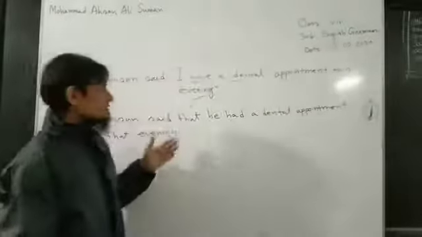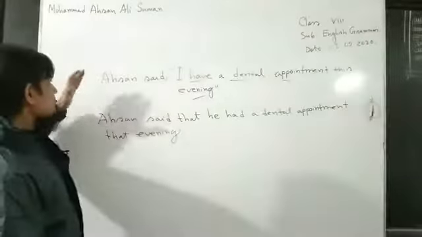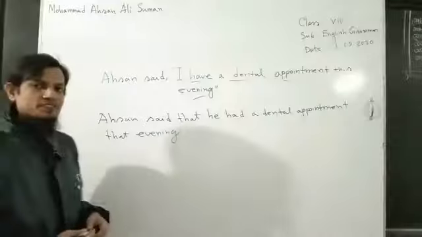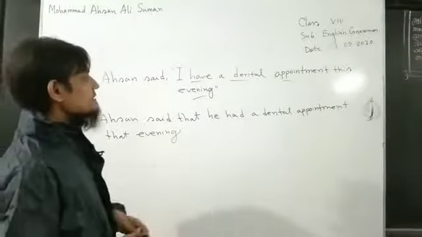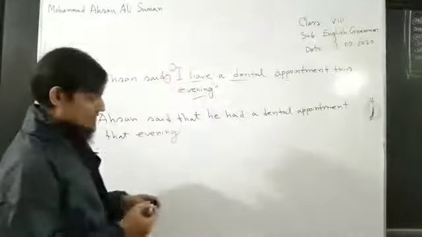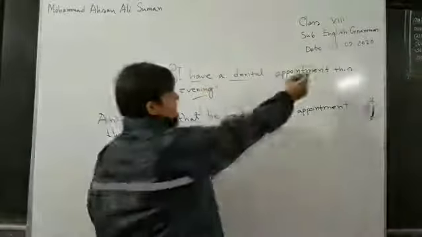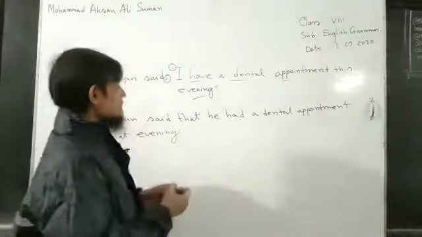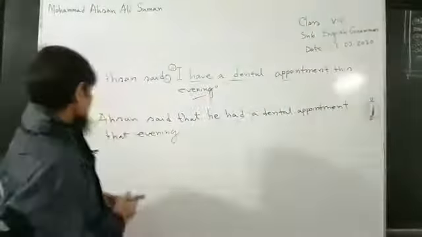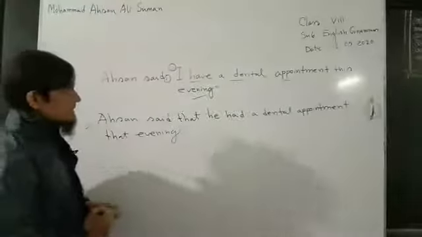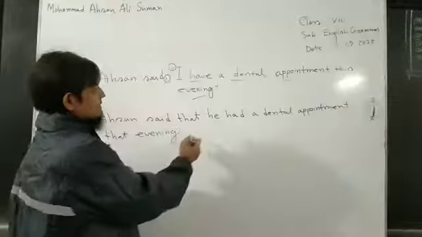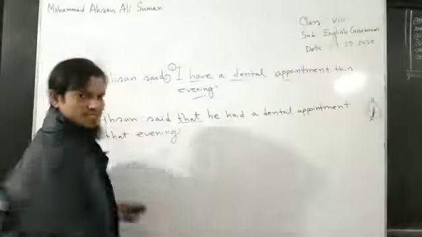Here we can see two differences between the two kinds of sentence. When we write direct speech, we put quotation marks all around the words of the reported speech. But when we write indirect speech, we don't use any quotation marks, but we use a conjunction.